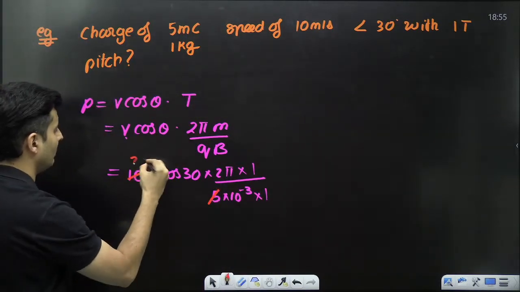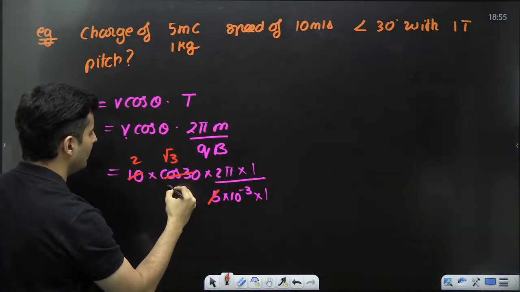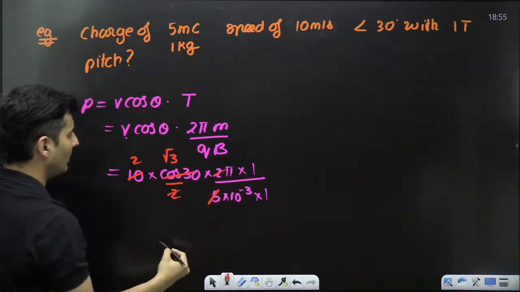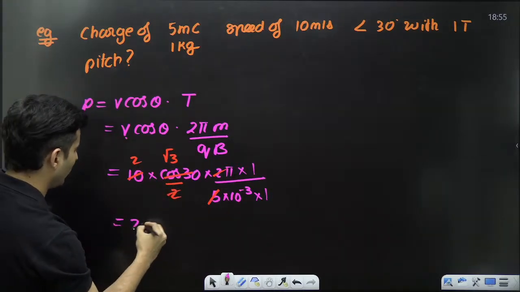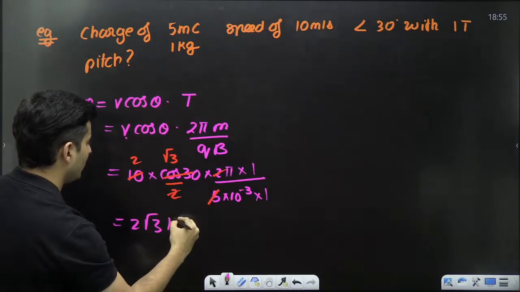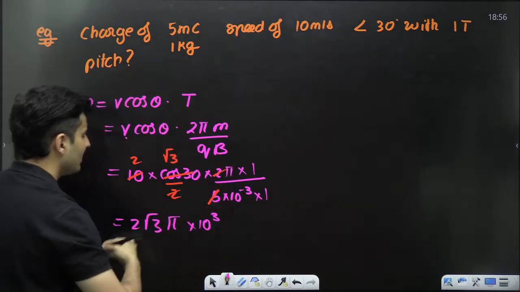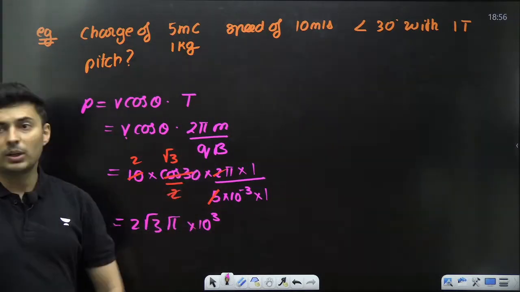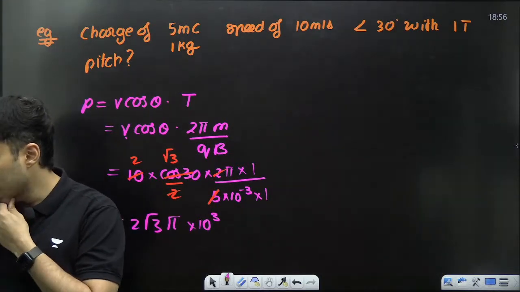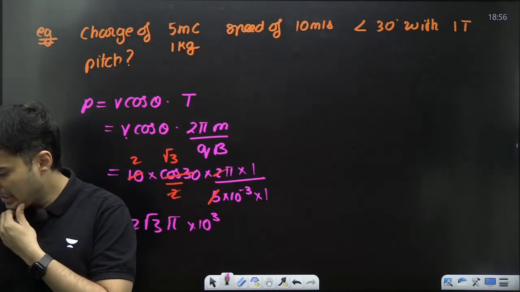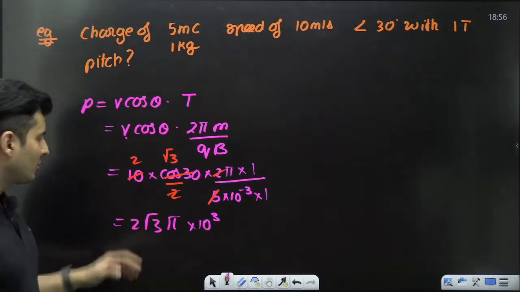This 5 and this 10 will become 2. Cos 30 is root 3 divided by 2. This 2 and this 2 will also get cancelled. So I'm left with 2 and this root 3, and pi is also on the top. 10 to the power 3 will go on the top. That's the answer: 2 root 3 pi into 10 to the power 3. Perfect. Is that clear, everyone? That's how you find the pitch of a helical motion when a charge is thrown at an angle.